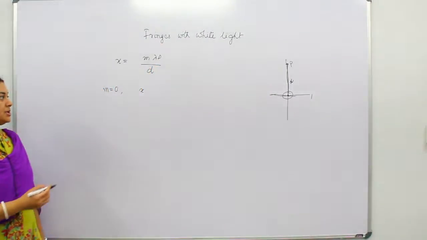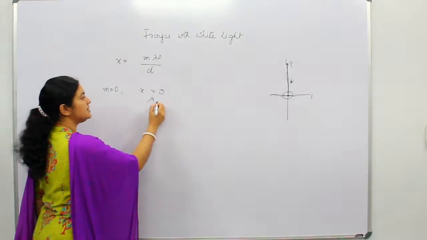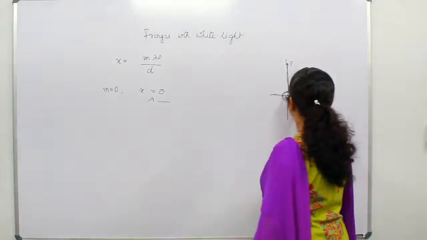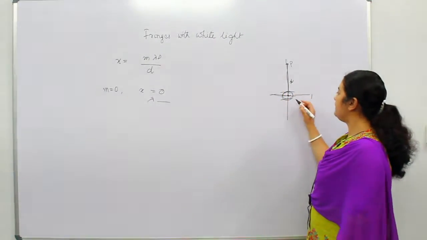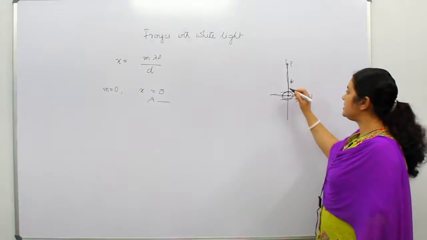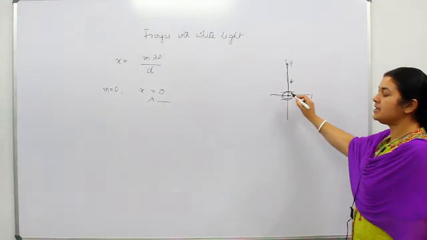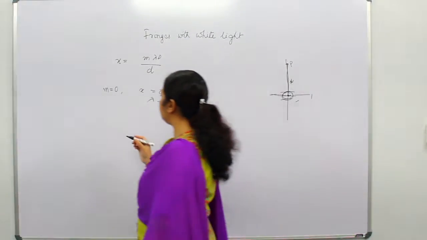So in the central position, all the wavelengths will coincide. So the central fringe for the white light will be white in color. That is, all the wavelengths will come and reach this point, and so it will appear white in color. But what about the other bright fringes?